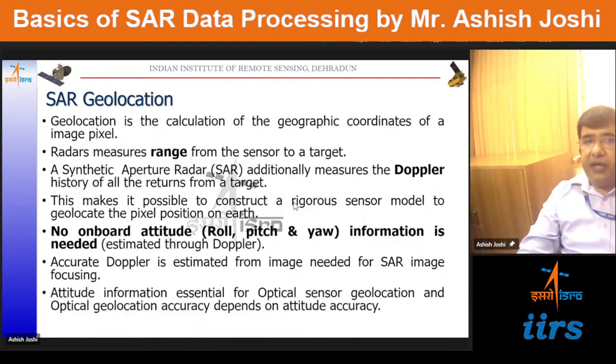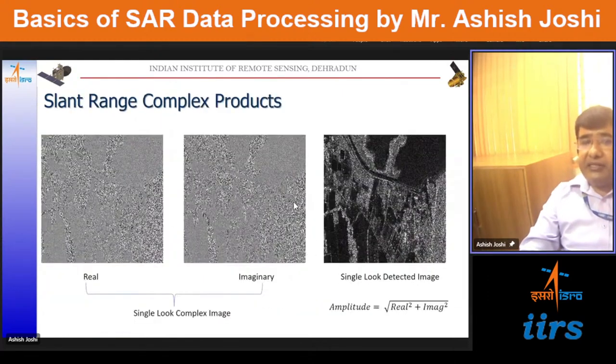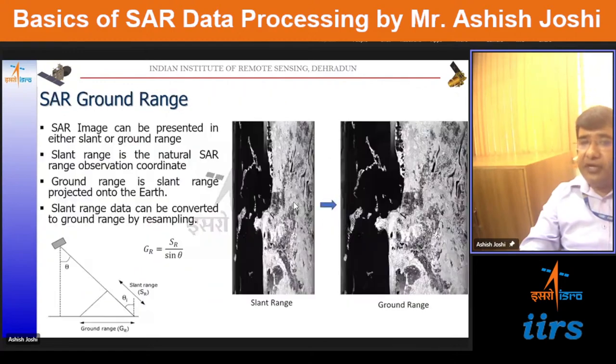Now, what is SAR geolocation? This is the slant range product, and this is called the ground range product. Still, this data is not in a geographical coordinate system.